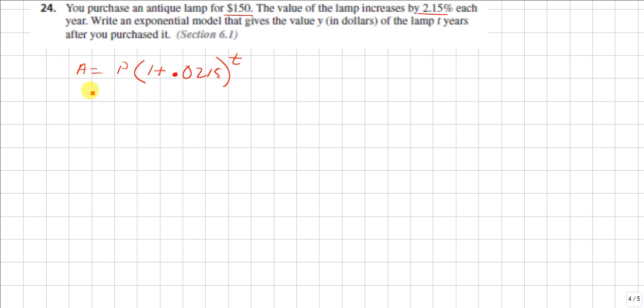So my ending amount would be equal to my beginning amount, $150, times 1.0215 to the t. And now if I knew how many years later they wanted us to value this, I could put a t in there and I would get the ending amount A, but that's all they ask for, so that problem is done.